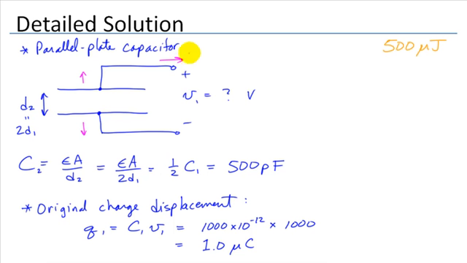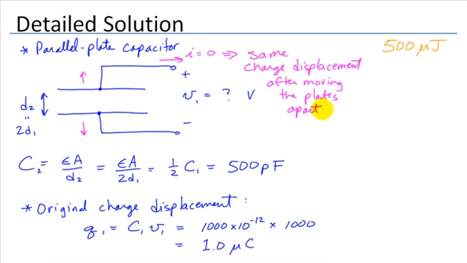Since we do not permit any current to flow, since the capacitor terminals are open-circuited, that tells us the current is 0, so the charge displacement has to remain the same after moving the plates apart. Now, since the charge displacement remains the same, it actually takes mechanical force to pull the plates apart. And that adds energy to the system, as we will see here in a moment.